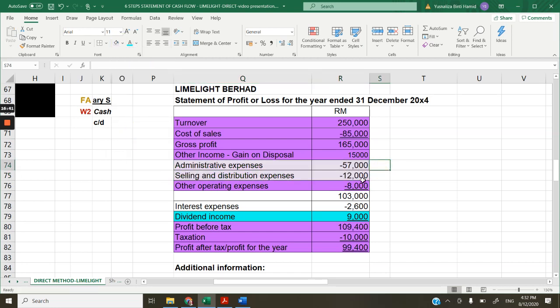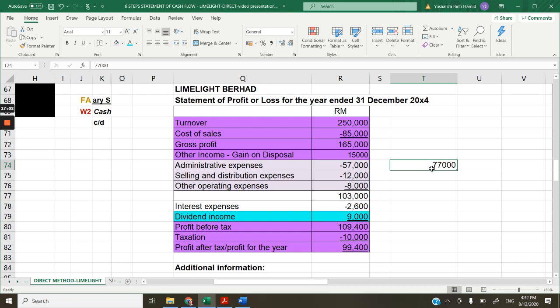Admin and distribution expenses. If you total up together also with the other operating expenses, this will make up 77,000. So that 77,000 is made up of these three. This is the amount that you incurred for your operating expenses.